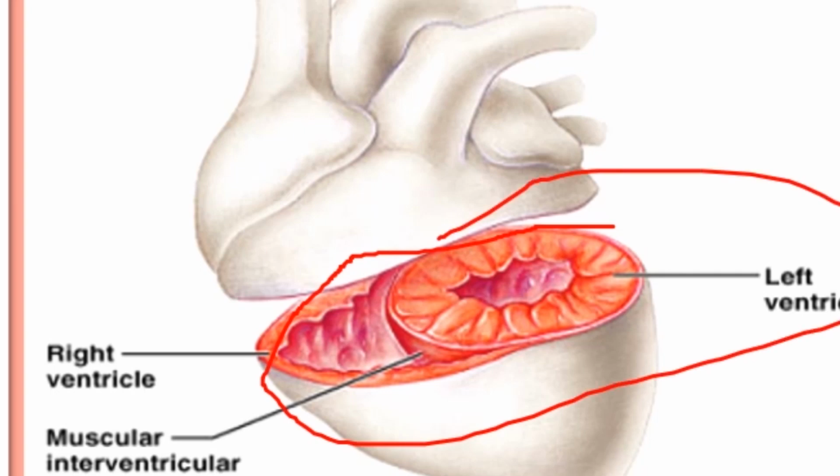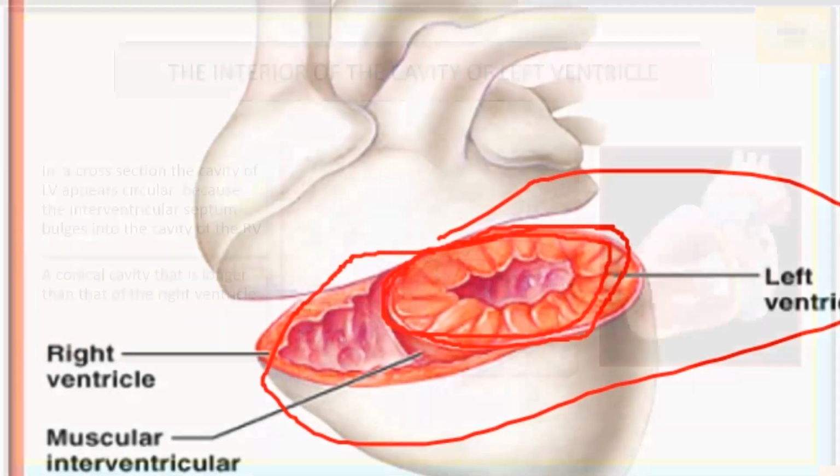In this cross section, we'll see the cavity appearing circular. We can see the circular appearance of the left ventricular cavity. This is as a result of the bulging of the interventricular septum into the right ventricle, giving the circular appearance of a transverse section of this chamber.